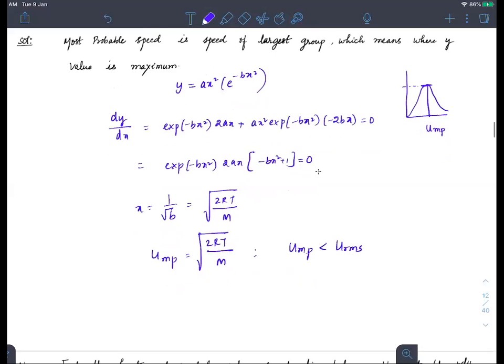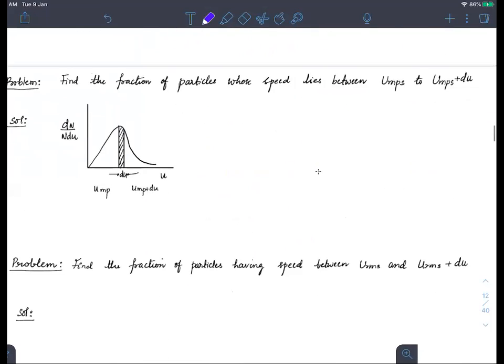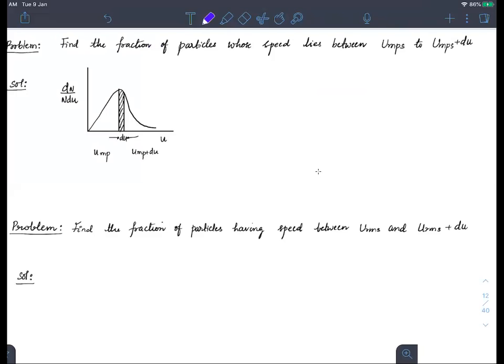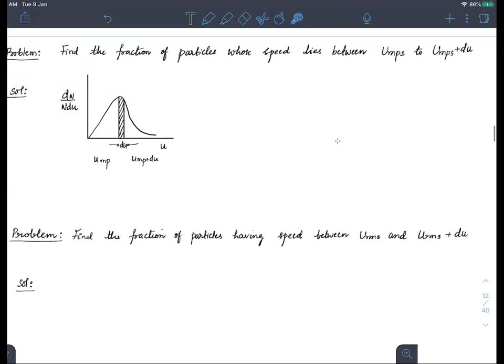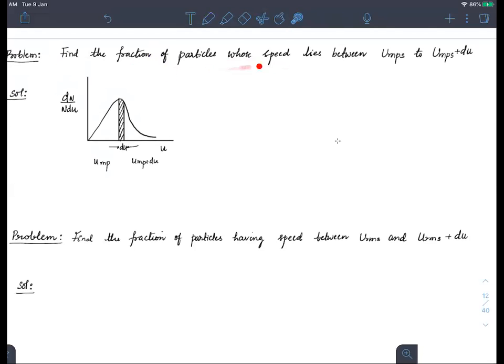Okay. Now, what are the types of questions? This year also, in 2020, there was one very good question in JEE Advanced which is based upon these fractions. So you have to understand how these fractions work. Check out this question now. Find the fraction of particles whose speed lies between u most probable and u most probable plus du.